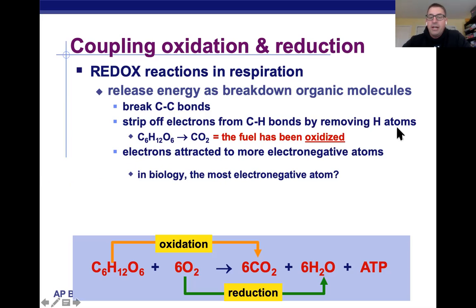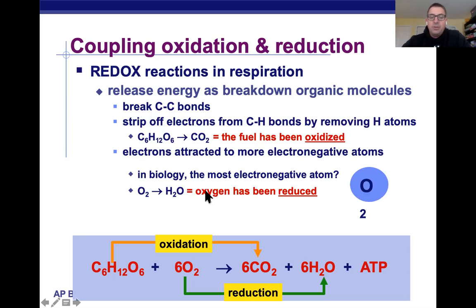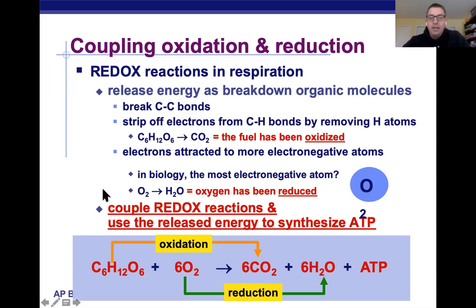Those electrons are attracted to more electronegative atoms, and in biology, the most electronegative atom that we know is oxygen gas. When oxygen is converted into water, the oxygen has been reduced. It has picked up those hydrogen atoms with their electrons. Oxygen has gained electrons in this reaction, so it has been reduced.